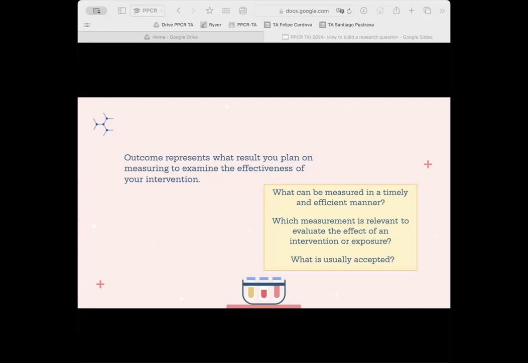Here you will learn later that you can use surrogate outcomes or strong outcomes, like, for example, a lab test versus a death, or mortality. It will depend on your available resources, the time you have, etc.